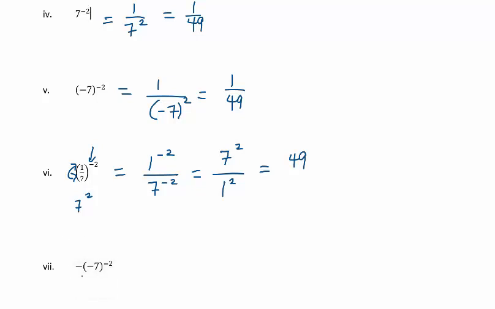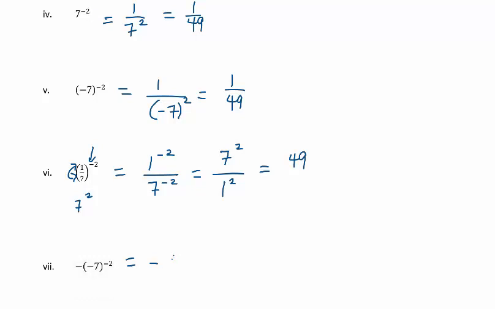Okay, and then this last one, negative 7 to the negative second. So many negatives. Okay, so first I want to take this negative on the outside of the parentheses into account, but I want to just keep it to the side for now. Negative 7 to the negative second, we already evaluated that earlier.